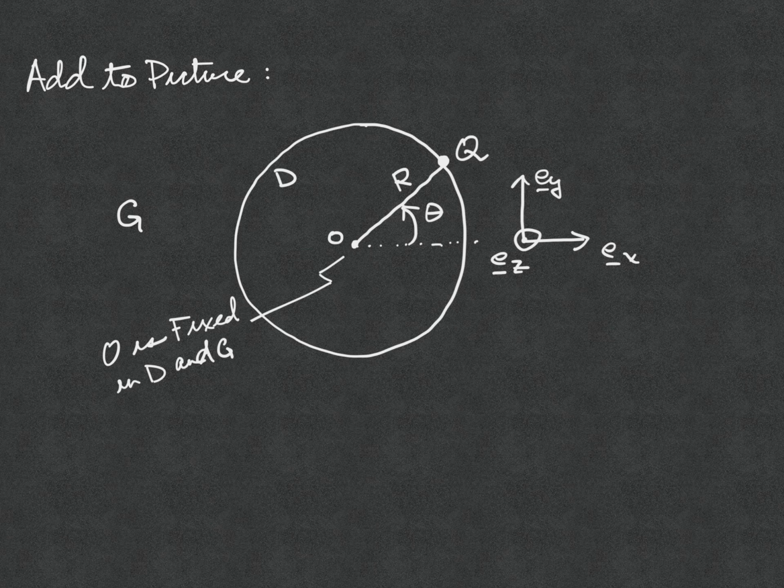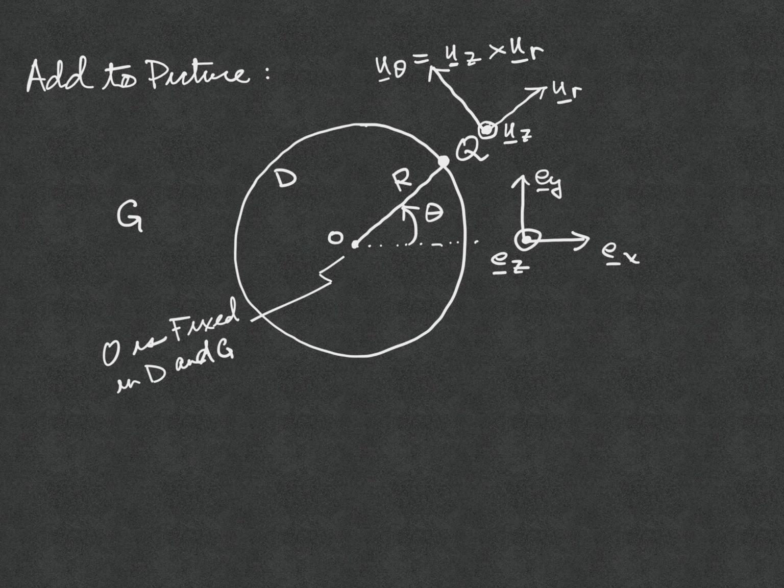I'm going to put a direction, I'm going to call that direction UR, and UR is going to be along OQ. I'll define all these below. I'm also going to define a direction UZ, which is out of the page, in the same direction as EZ. And then I'm going to define the cross product U theta, which equals UZ crossed with UR. It completes the right-handed system.